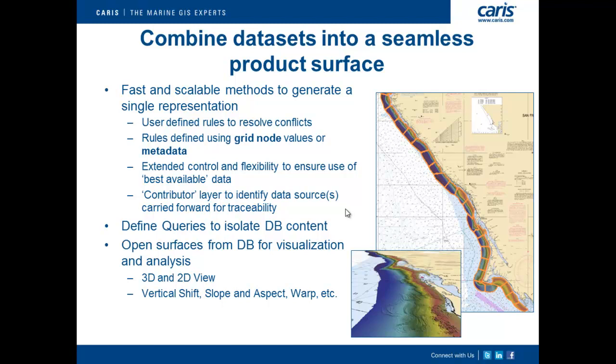You can define a whole hierarchy of rules using all the metadata available to you, from the dataset metadata right down to the values on individual pixels. And that makes it extremely flexible, and it really sets us apart from what some others are offering in terms of similar functionality. The sources that go into the combine can be local files or data sets in the database. They can be either grids or point clouds.